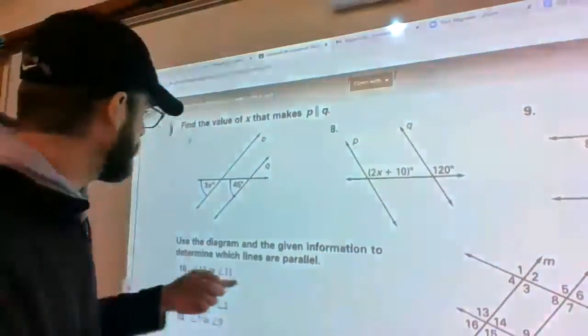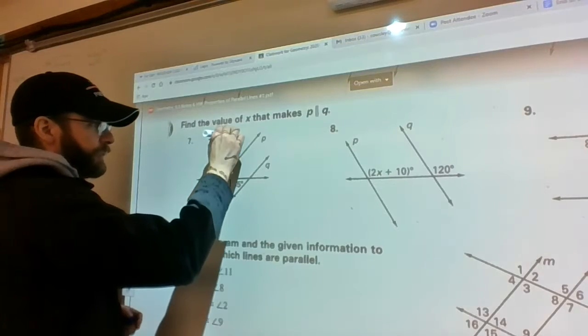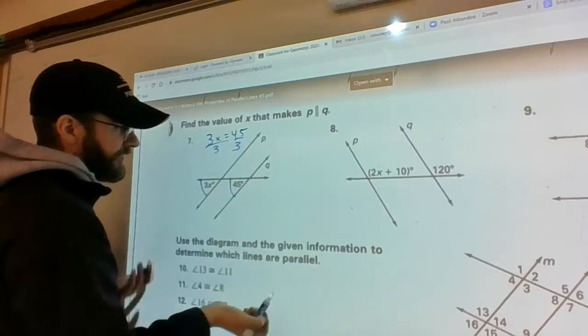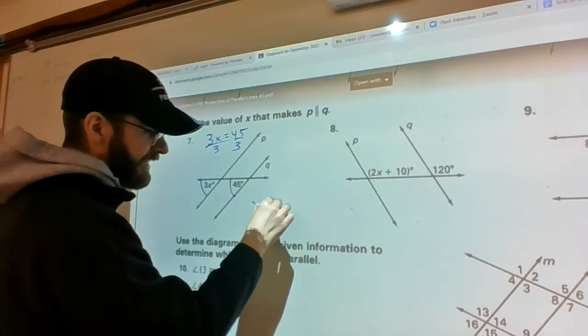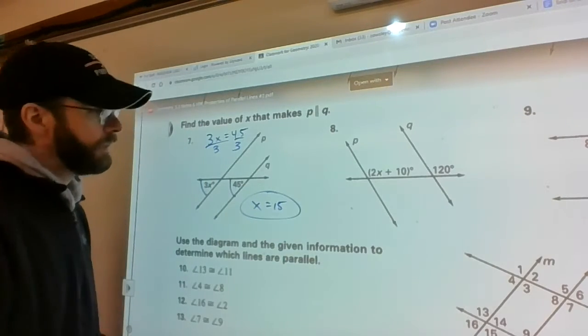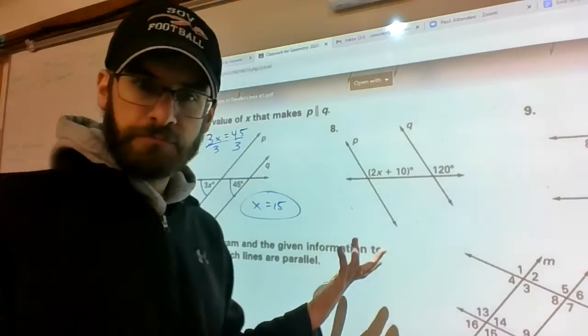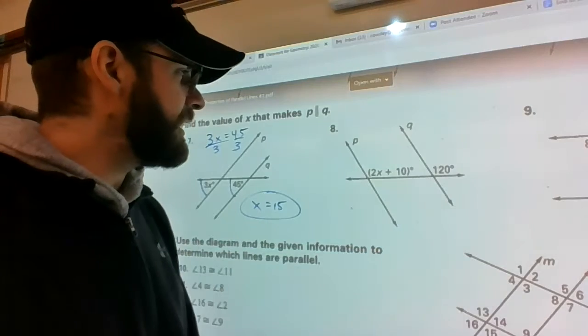So you would set 3x equal to 45. To solve that equation, just divide by 3, x equals 15. You're done. That's it.